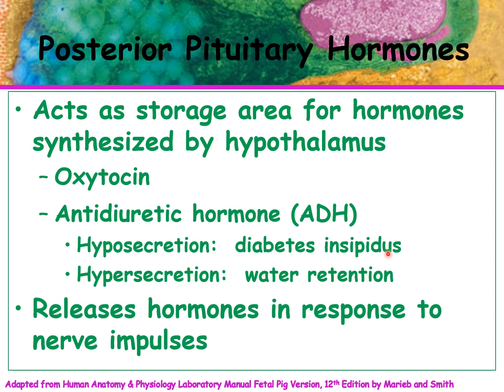It is important to note that hormones from the posterior pituitary were created in the hypothalamus and transferred to the posterior pituitary for storage. It is also important to remember that the hormones of the posterior pituitary are signaled to release their stored hormones by nervous impulse.